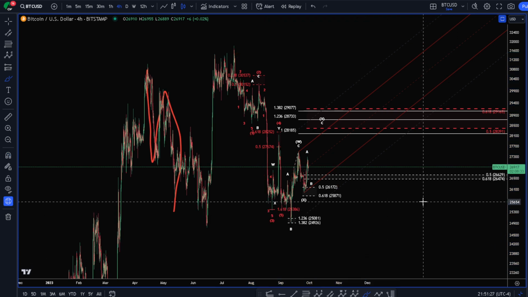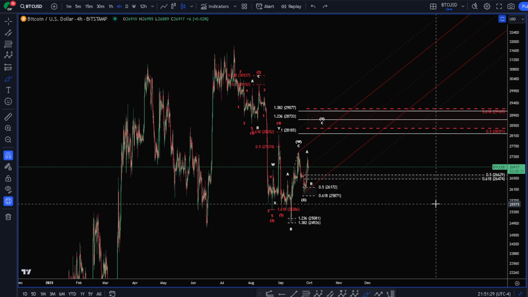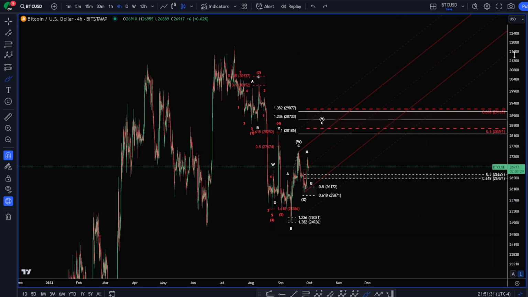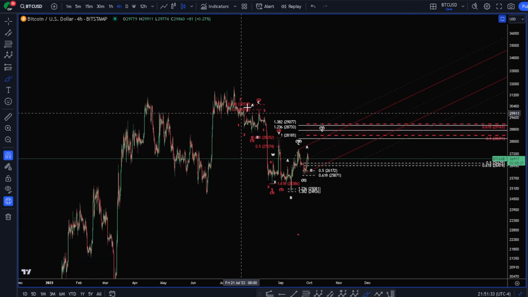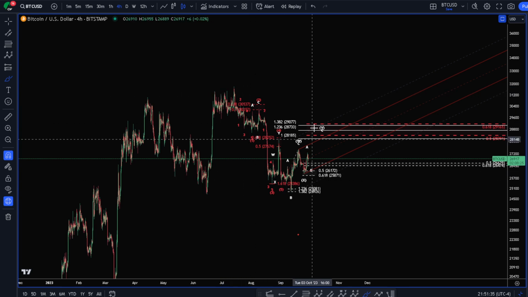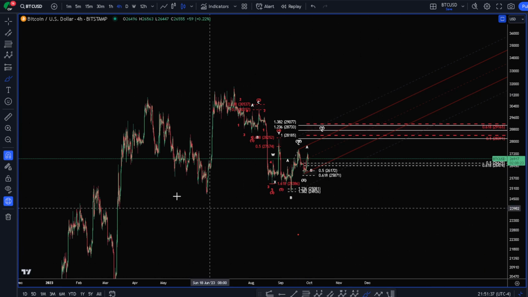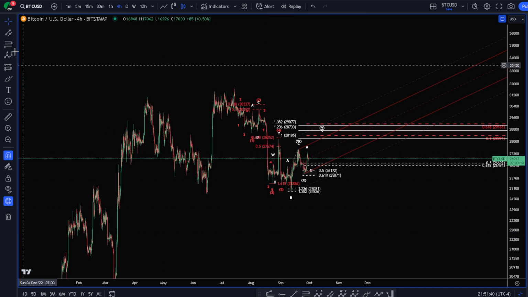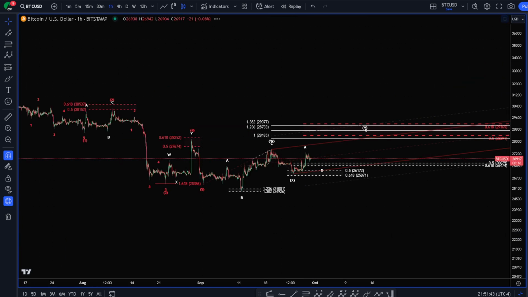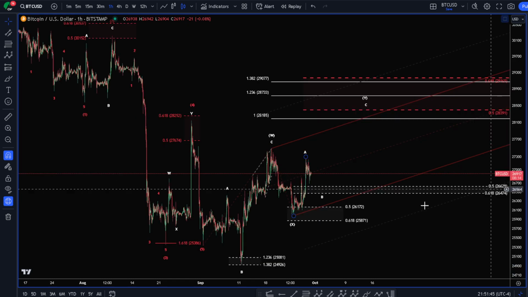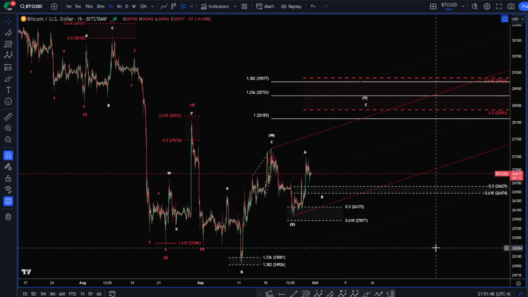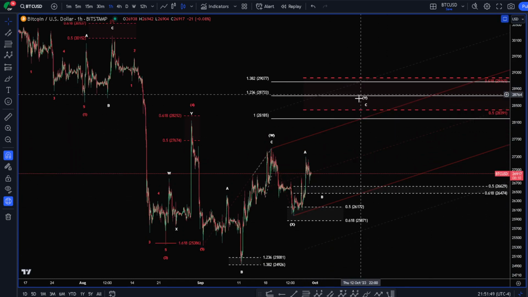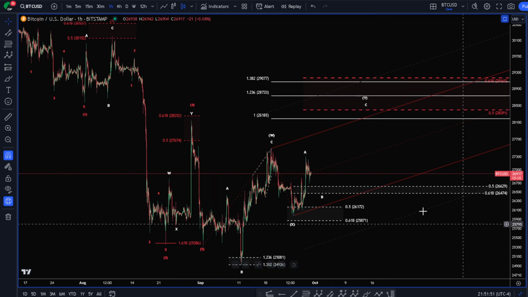Probably look like a head and shoulders pattern. Or in the even more bearish scenario, this could turn into 5 waves to the downside itself, but that's pretty extreme. I'm just going to stick to the double zigzag for now for targeting, but that's a couple videos out. We just need to get this move up. I'm looking to take profit between the 50 and the 618 of this down move.